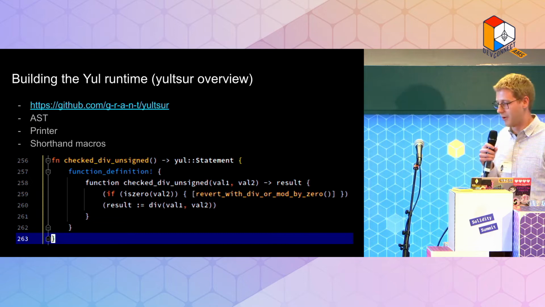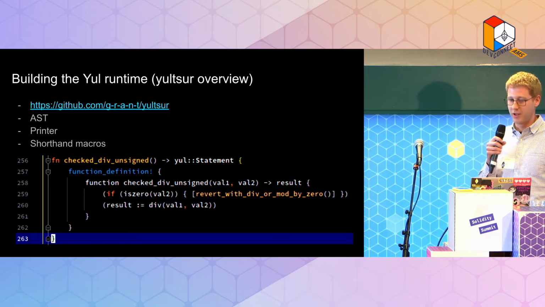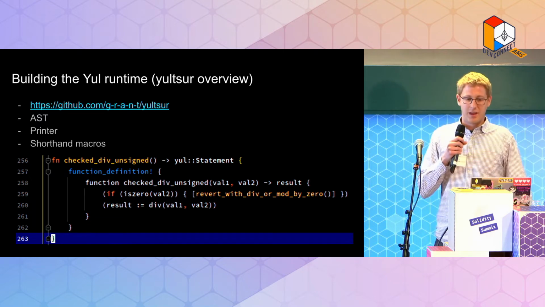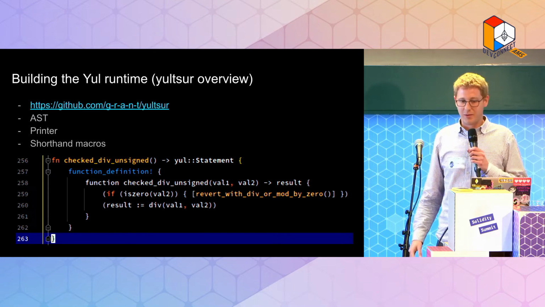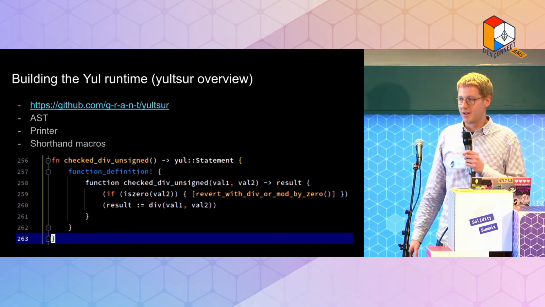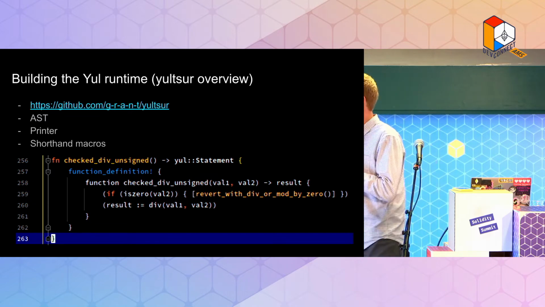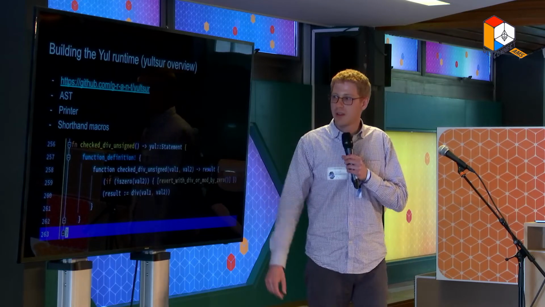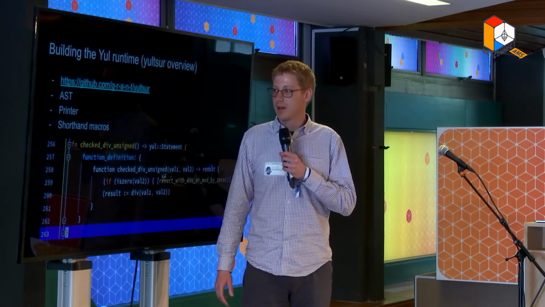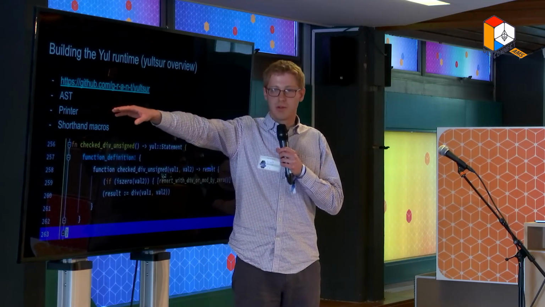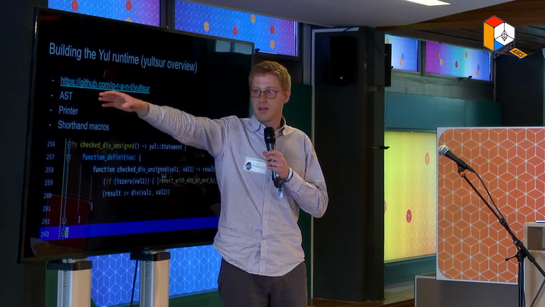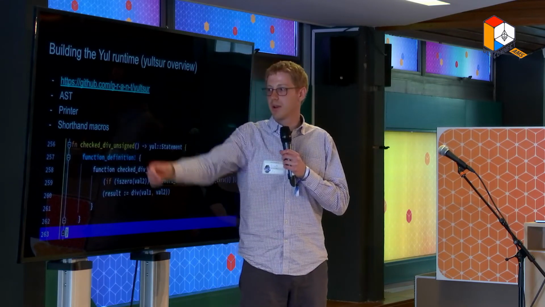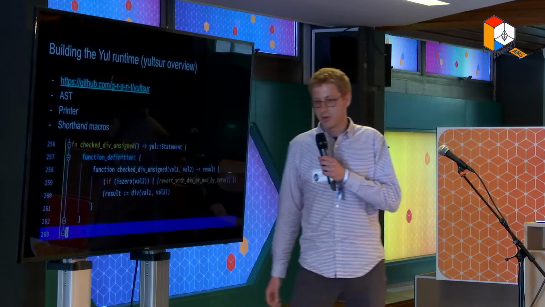As far as how we actually do this, we use some tooling. We use this Yultsur crate, which was originally written by Axic, and we forked it. You can find it here. When we picked it up, it had pretty printing. It had all the types you needed for a Yul AST, and then we added these shorthand macros.